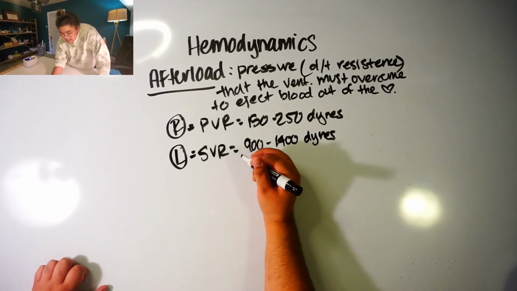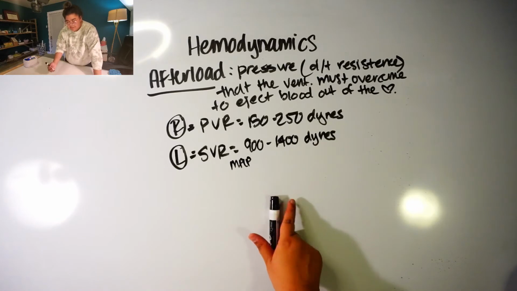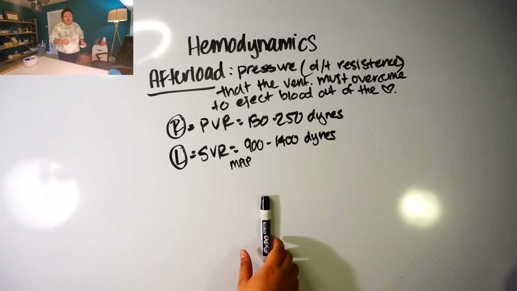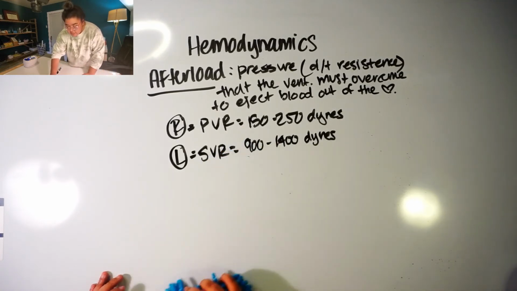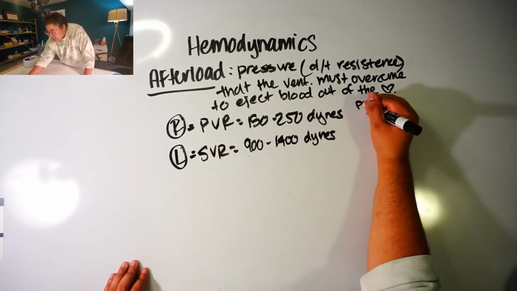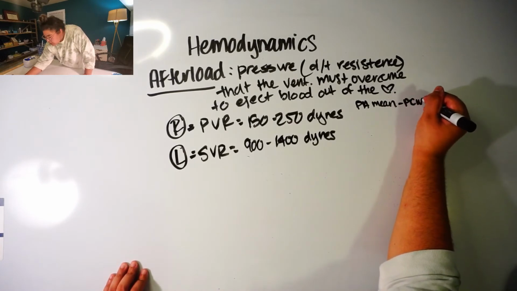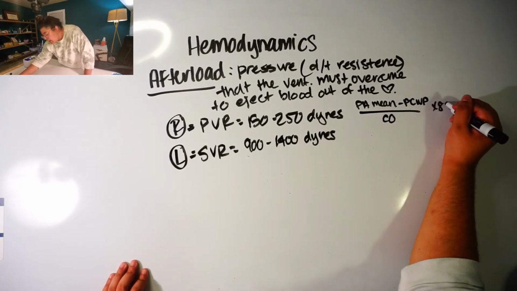SVR, to calculate it, this is your MAP. To calculate your PVR, this is going to be your PA mean minus your wedge pressure, divided by your cardiac output, and you're going to multiply all this by 80.